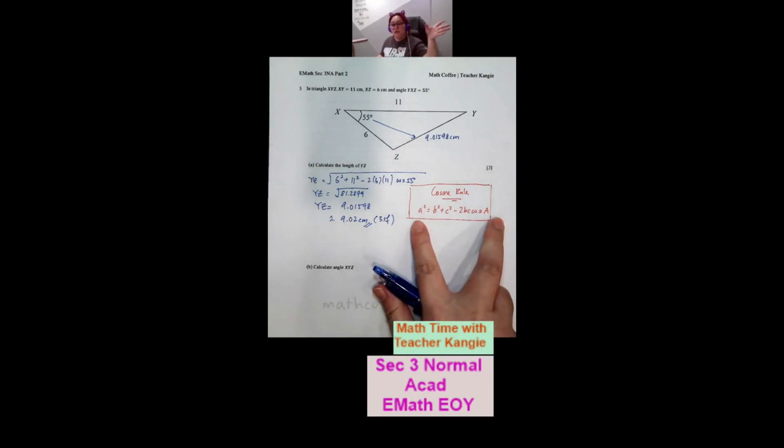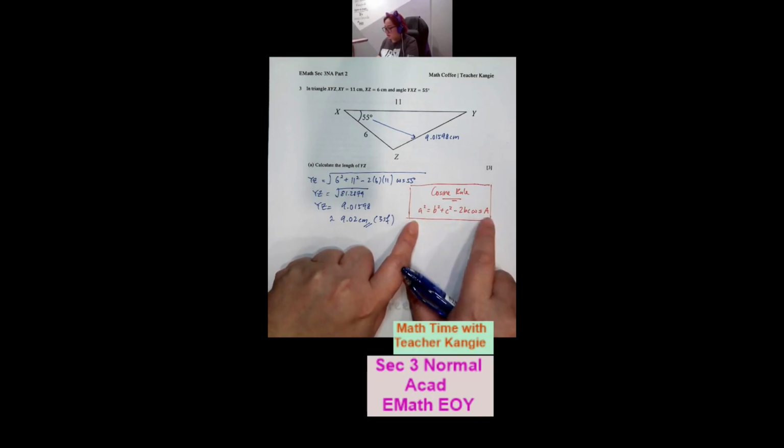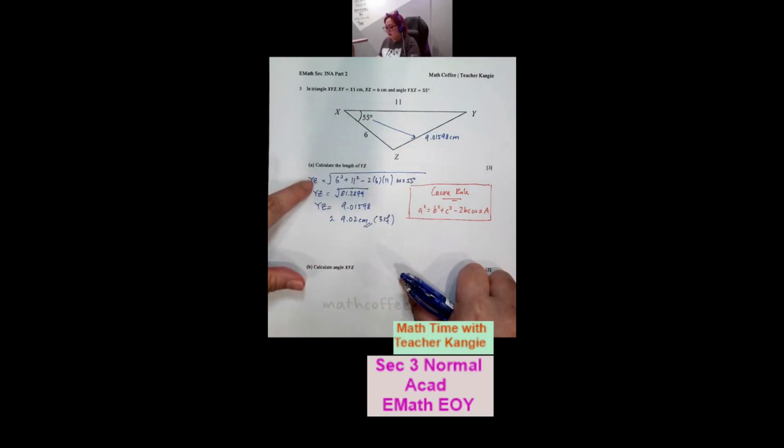The only condition is that the side you put on the left hand side must be the opposite of the angle that you put here. Correct? So you see, I use 55 degrees, therefore YZ has to be on the left hand side. Understand?